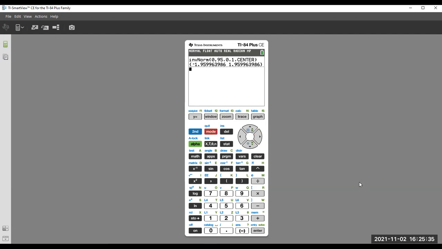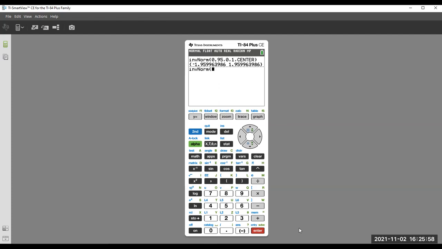So I've turned off my stat wizard, and now when I go ahead and I pick up my inverse norm function, I'm directly there. Now, when it's set up in this mode and you have one of your older TIs, you really need to input your area as measured from the left.